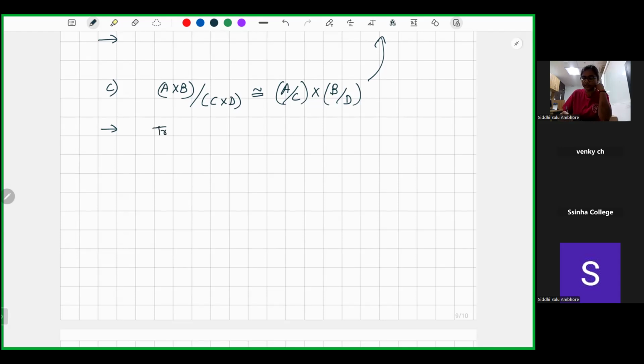So this statement is true. Okay, and we have to prove this: A cross B quotiented by C cross D is isomorphic to A quotient C cross B quotient D.